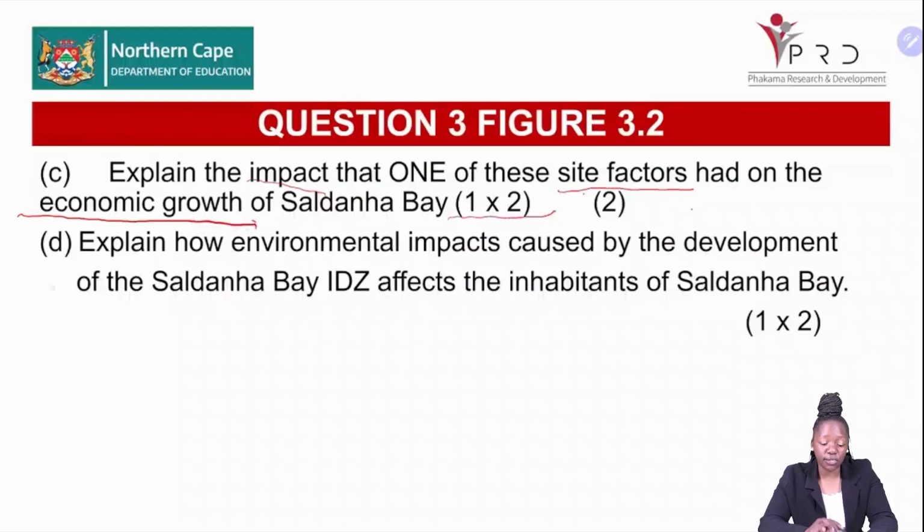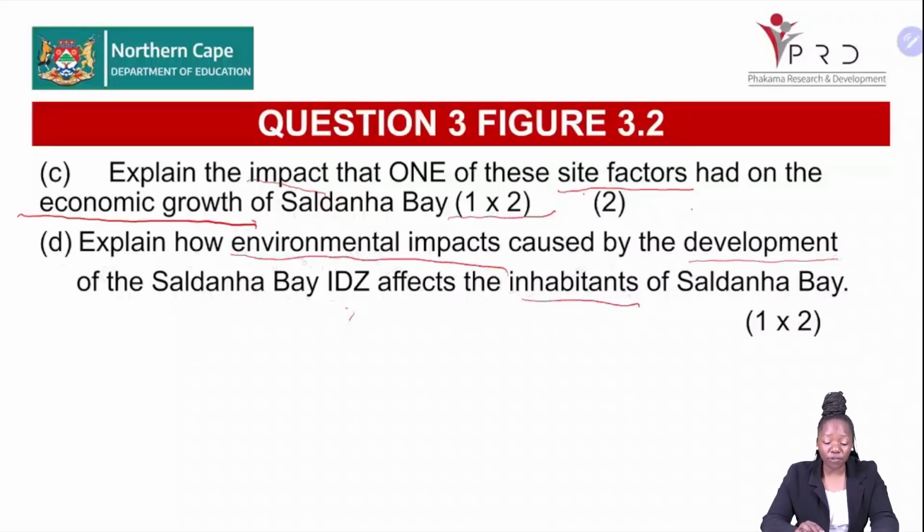Then at D, you explain how the environmental impact is important to identify, what impact. You cannot just give an impact that was not in the question. So here it's the environmental impact that is caused by the development of the Saldanha Bay IDZ affecting the inhabitants. When we are talking about the inhabitants, we are talking about the people of that area.